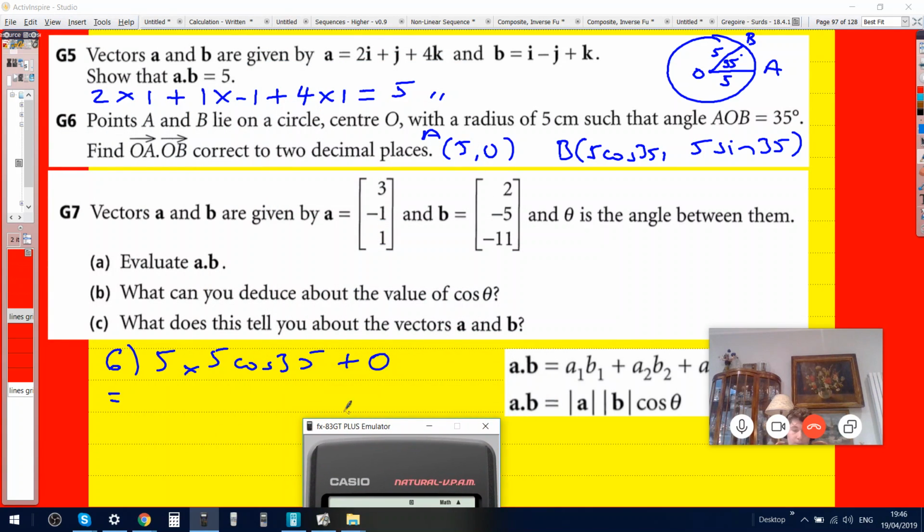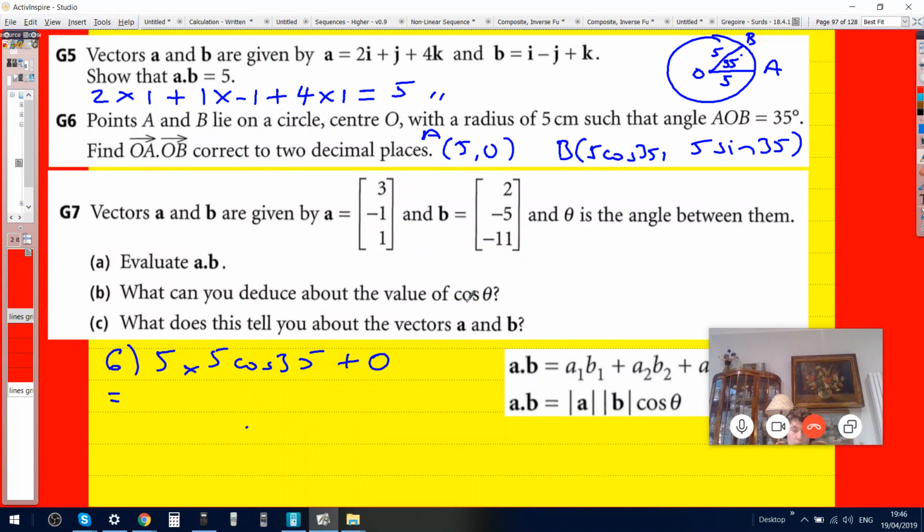Let's see. What can you deduce? Oh, okay. Let's do this one, G7A. Evaluate A dot B. So you would just do 6 plus 5 plus minus 11.